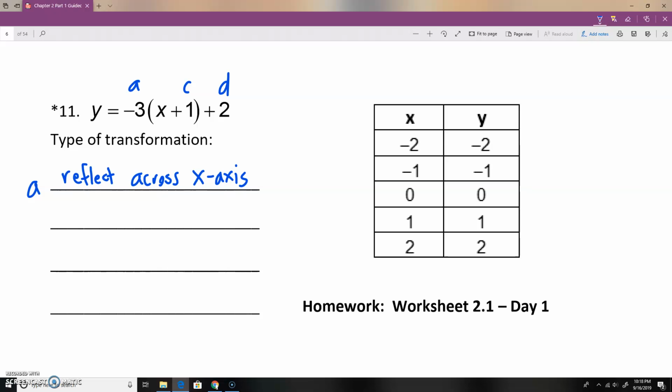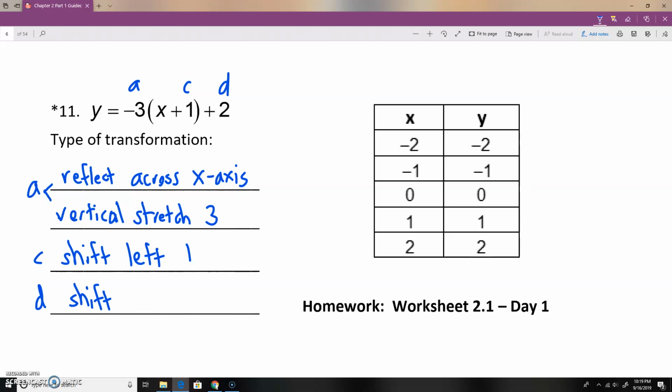Our a value is also -3, so there's a vertical stretch of 3. Those are both from the a value. Our c value moves us right and left, so it's going to shift left because it's positive, 1. And then our d value moves us up and down, so it's going to shift up because it's positive, 2.